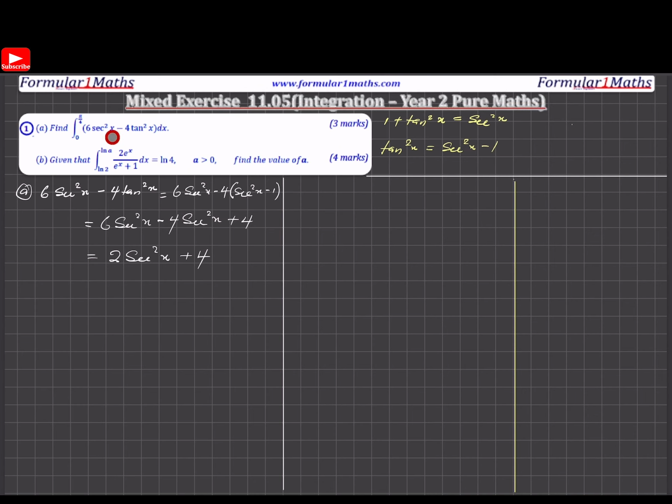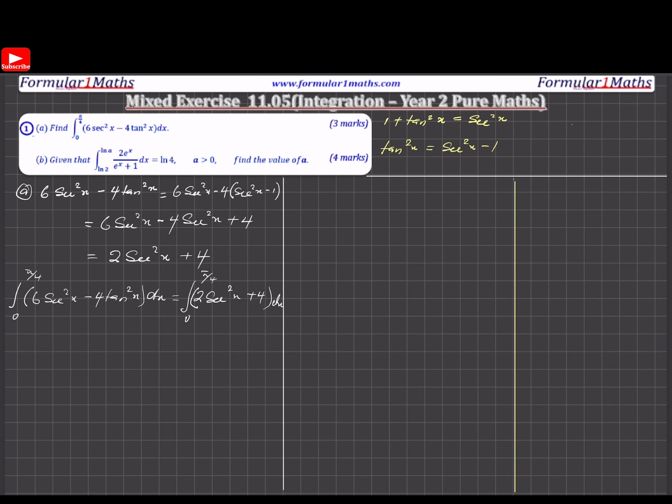So now that this expression has been simplified to this, I can proceed to do the integration as follows. The integral of 6 sec squared x minus 4 tan squared x dx between the limits of 0 and pi over 4 will be equal to the integral of 2 sec squared x plus 4 with respect to x between 0 and pi over 4.